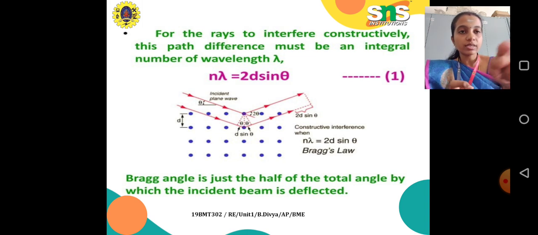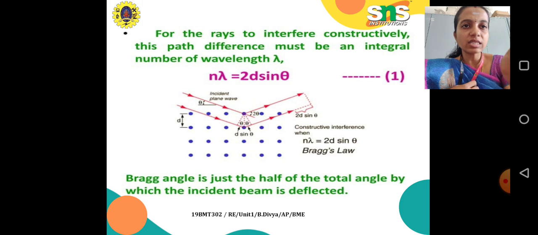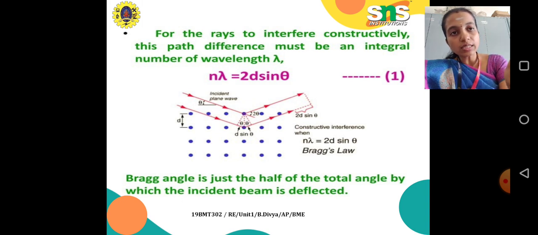As in this diagram, we are placing two parallel planes. Once the rays pass and interfere constructively, we measure the X-rays at the angle 2 theta.